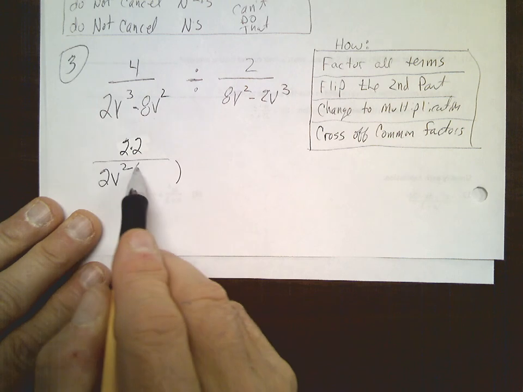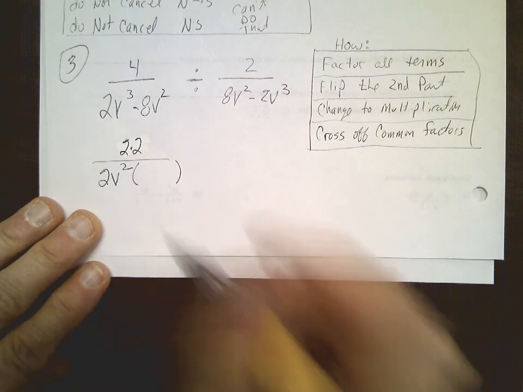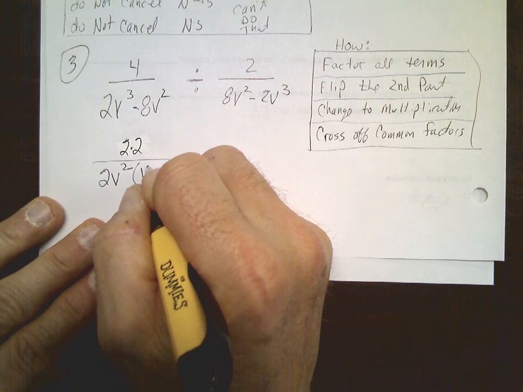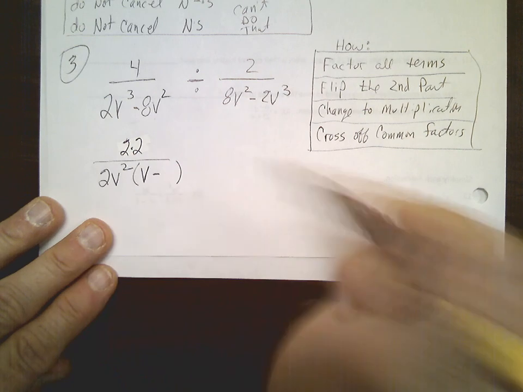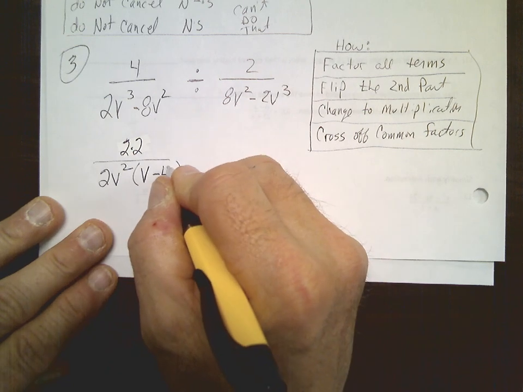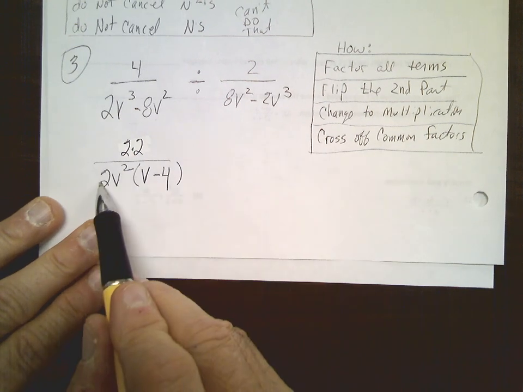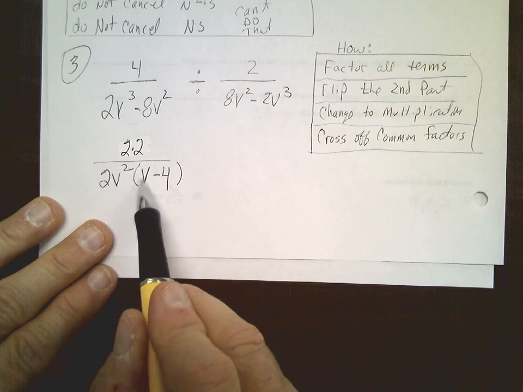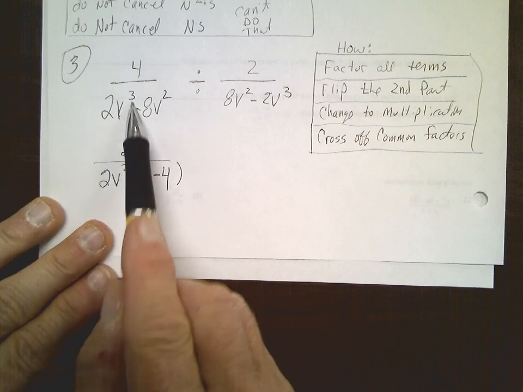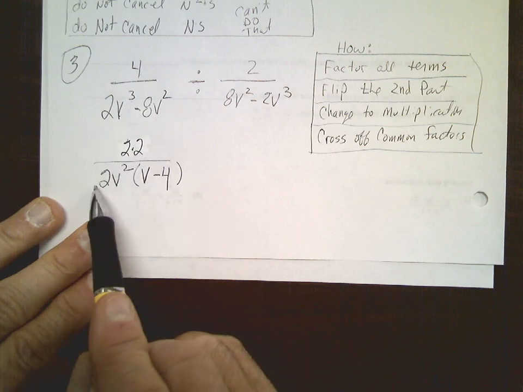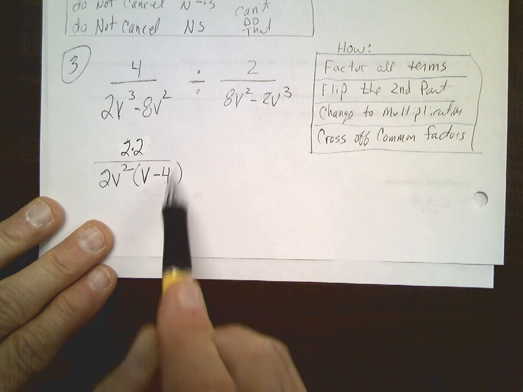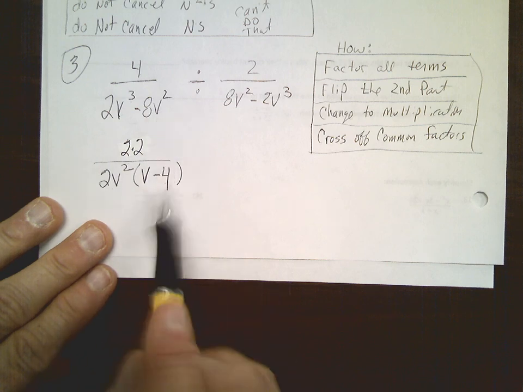From here to there, you are left with v minus 4. Double check. If I take this one times that one, I get 2v cubed. And if I take 2v squared times 4, I get 8v squared. So this is factored.